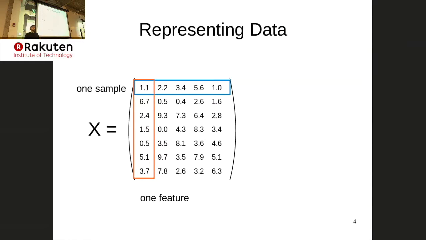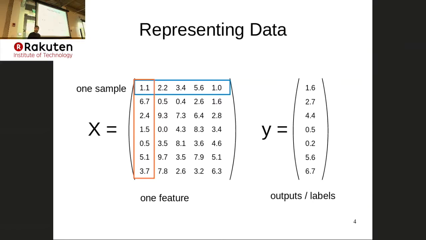Scikit-learn also assumes that all properties are continuous, more or less. Often we want to do supervised learning, to predict the target, and we assume the target is a one-dimensional vector that is either continuous for regression or categorical for classification. This is the basic data representation, and I keep calling the data X, capital X, and the targets lowercase y.